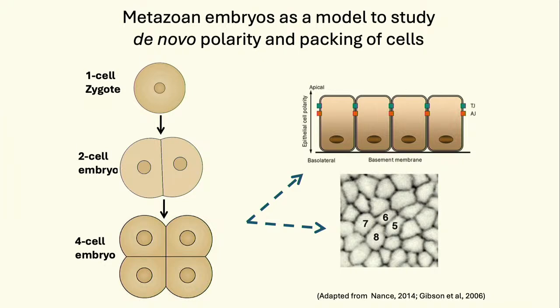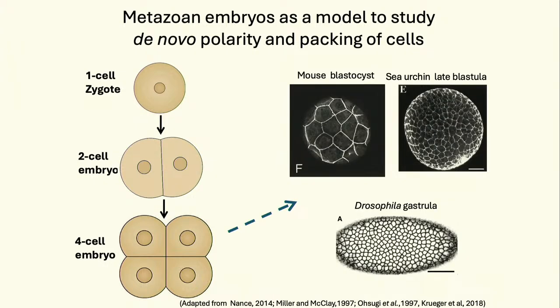So just a reminder from yesterday, where embryos are single cells and they divide and they give rise to an organization of an epithelial layer which is polygonal in nature and multicellular as an array. And if we look at different kinds of embryos, at some point all of the different kinds of embryos that we've been thinking about and learning from, the mouse embryo, the sea urchin embryo, the Drosophila embryo, C. elegans embryo, they all turn into this sort of epithelial-like layer organization.